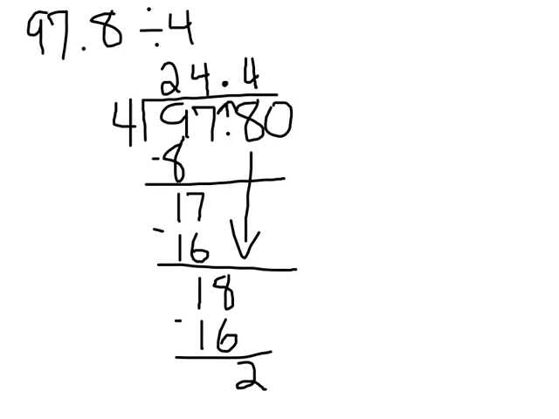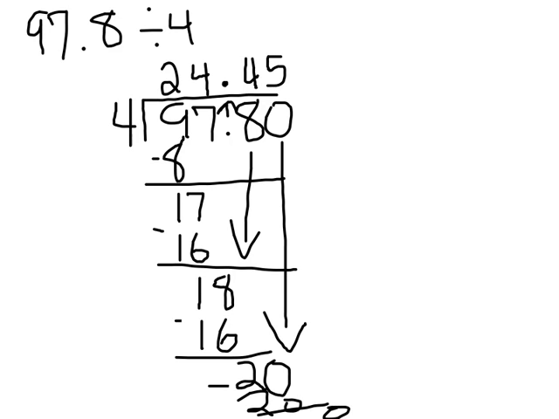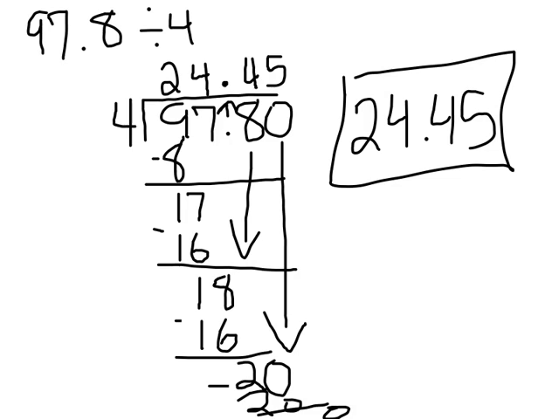So I can add that and then just bring it straight down. Now I'm asking myself, how many times does 4 go into 20? Well, 4 goes into 20 5 times. And then I'm left with 0. So my quotient here is 24 and 45 hundredths. Let's do one more, then you'll practice.